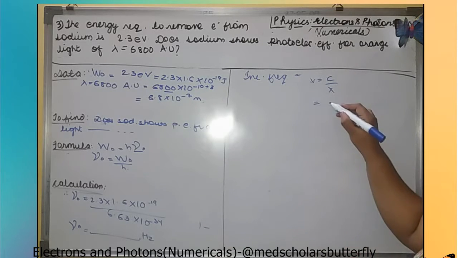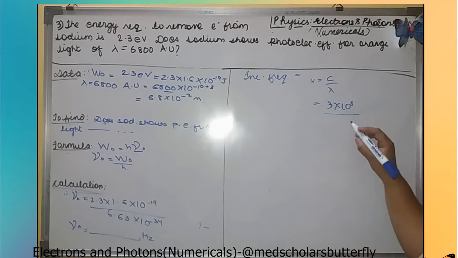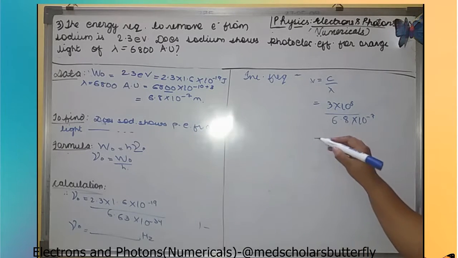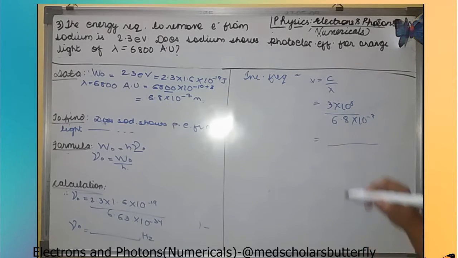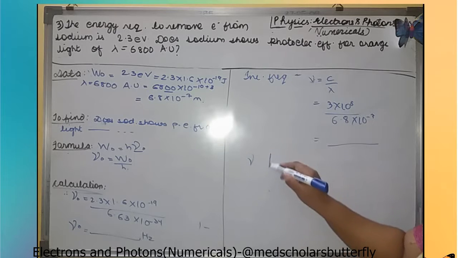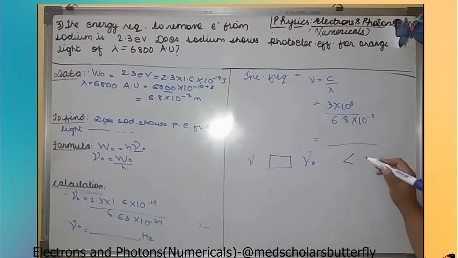what is C? Velocity of light, 3 into 10 raised to 8. Then what is lambda given to us? 6.8 into 10 raised to minus 7. From here we will get a value. Compare both of them, whether it is greater, smaller or equal.